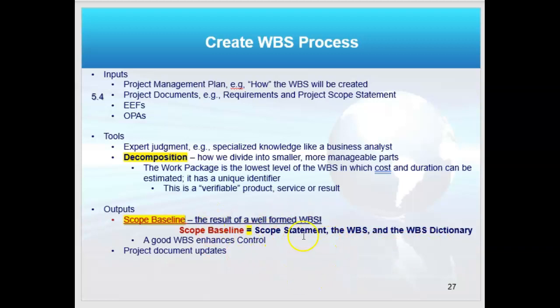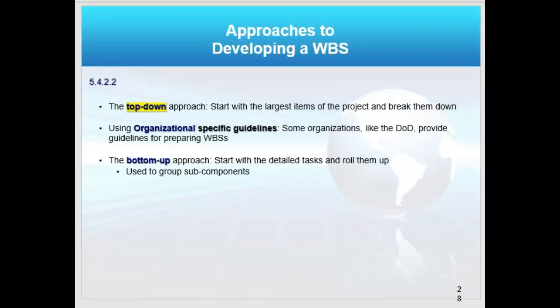Well, I got this scope statement in the last process called define scope, and I just did develop the WBS and the dictionary. So now that I've got all three, my output is my scope baseline. The approach is generally top down, as I mentioned. It can be bottom up, be aware of that, but it's generally top down. And when you see it on the exam, it will be.